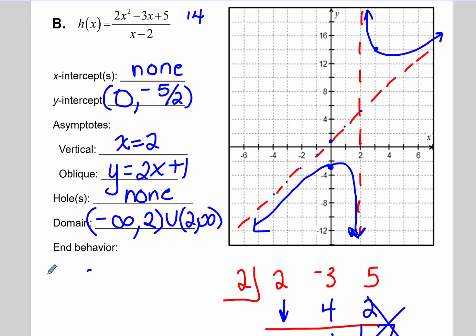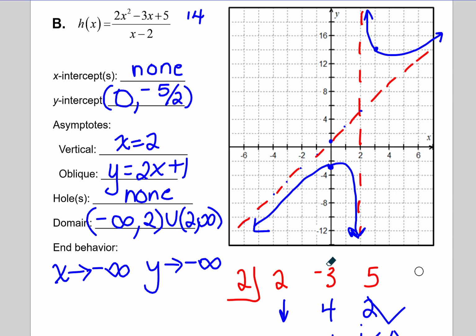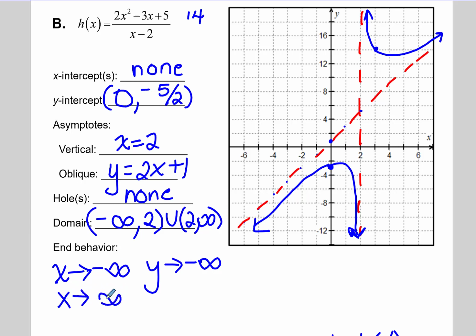And then the end behavior: as x goes left, the y's are going to go to negative infinity. And on the other extreme, as x goes far right, the y values are also increasing, unbounded, to positive infinity.